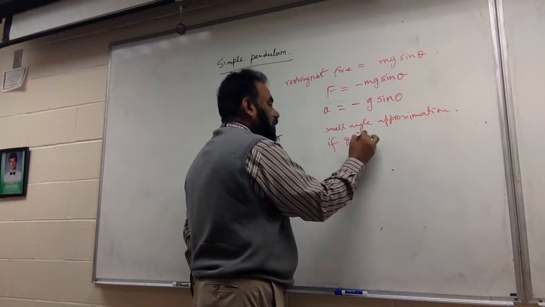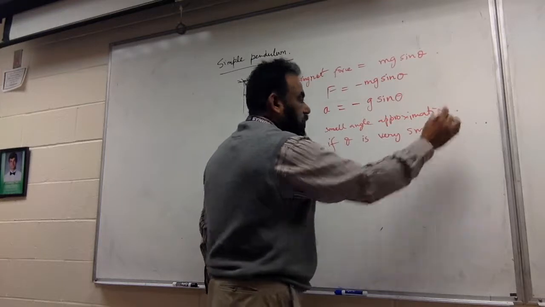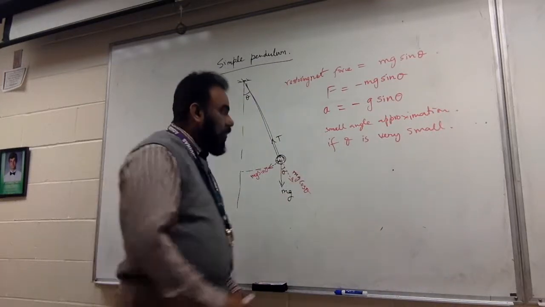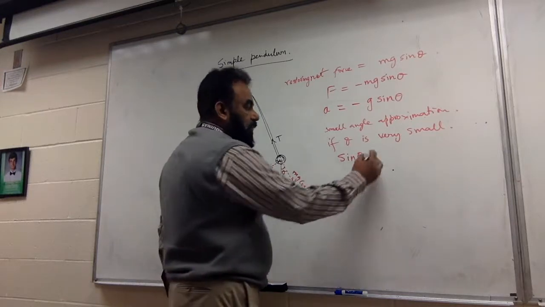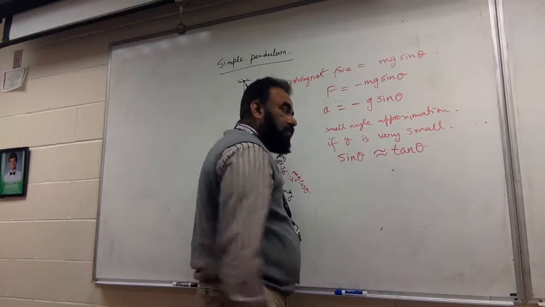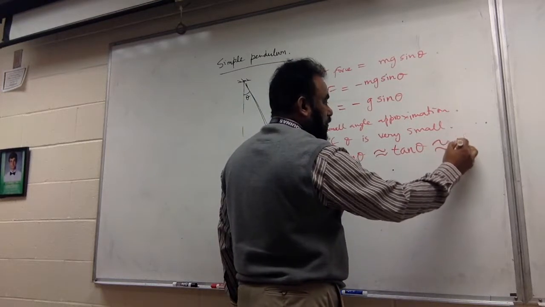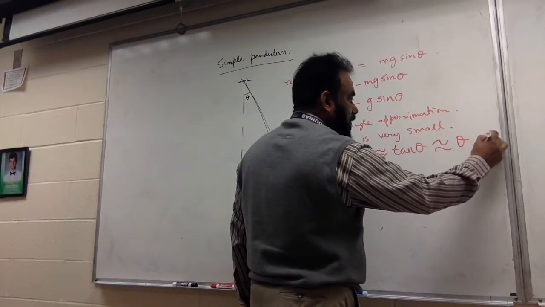If theta is very small, sine of the angle is approximately equal to tan of the angle, and is approximately equal to the angle itself in radians.